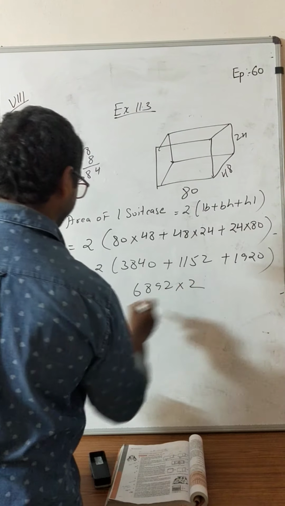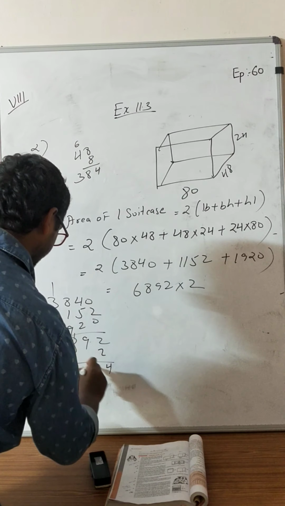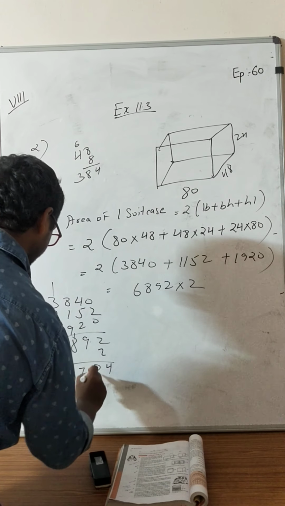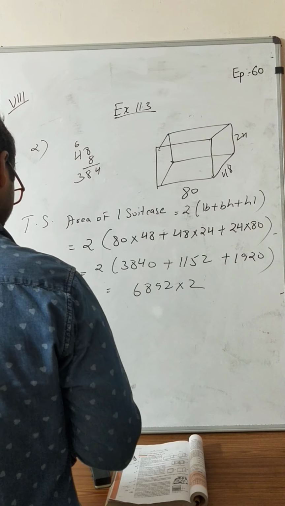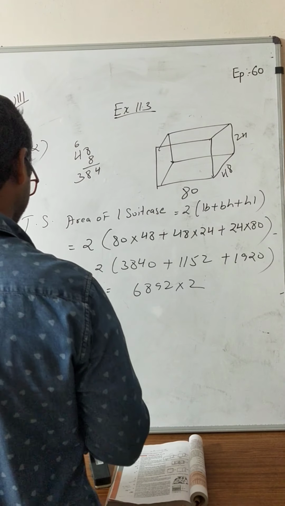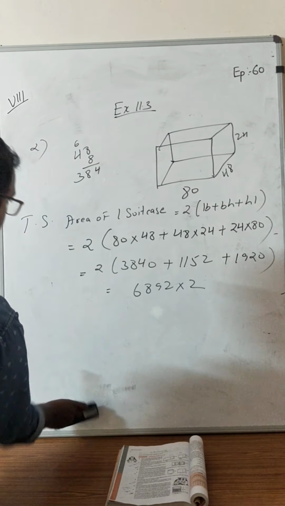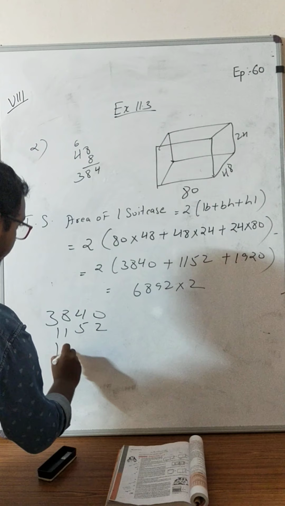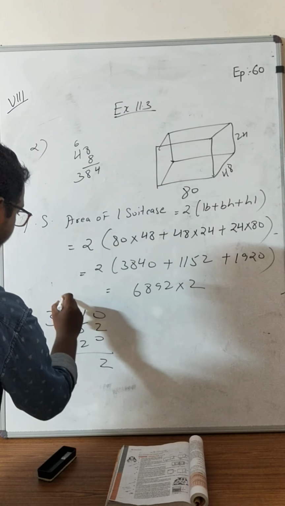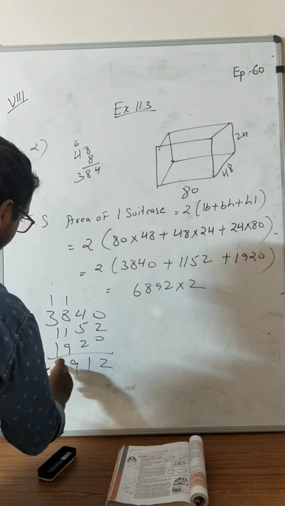A small correction here in the addition part. 3840 plus 1152 plus 1920 gives 4 plus 2 is 6, 5 plus 2 is 7... the sum is 6912.